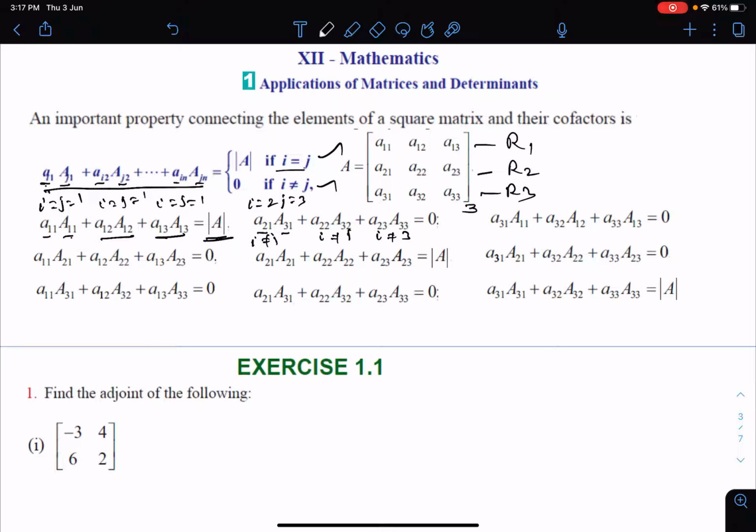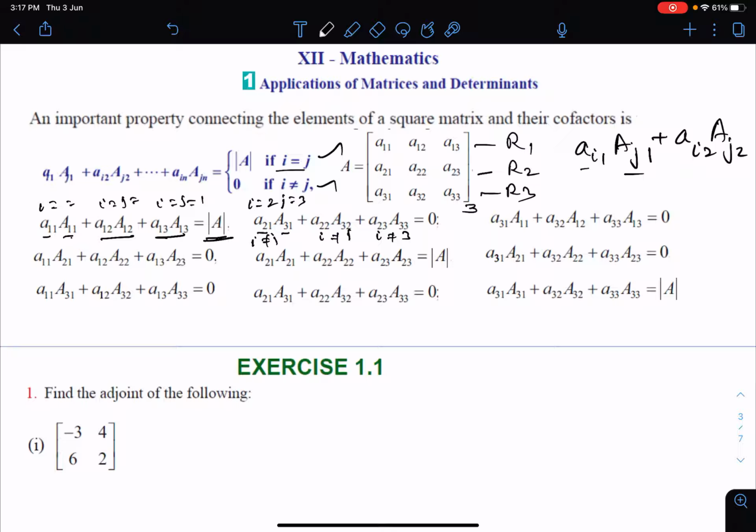So in this property, what you have to see is the first one, a i1 capital A j1 plus a i2 capital A j2. So this i and j only they are comparing, and if they are equal, if i equal to 1, j also should be equal to 1, and if i equal to 2, j also should be equal to 2.